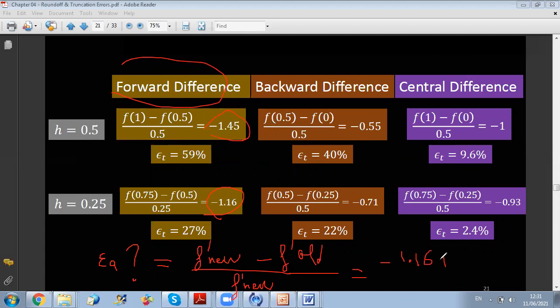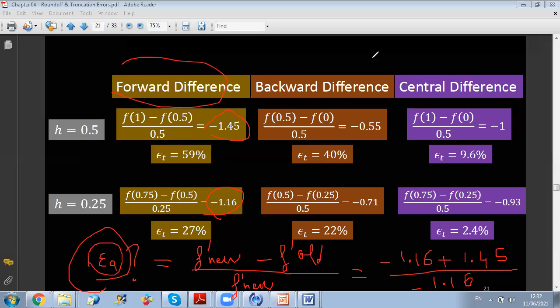So it's minus 1.16 plus 1.45, over f prime new, which is minus 1.16. In this way, I can calculate the approximate relative error. And in case I don't know the exact solution, I will have a criterion for the approximate error to know when to stop.